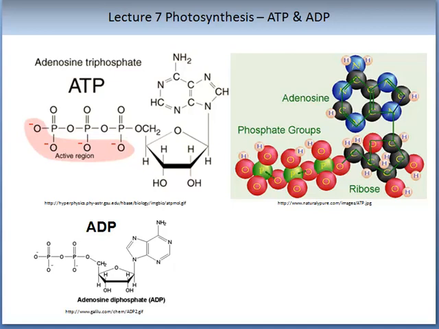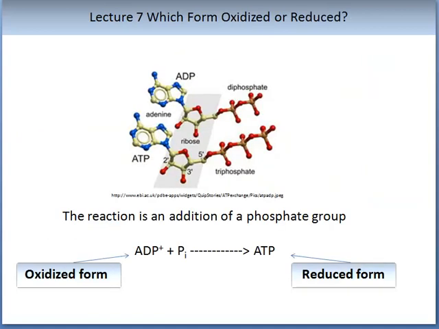This is illustrated below. The image on the screen shows both the molecular construction of adenosine triphosphate, ATP, and adenosine diphosphate. You will notice the commonalities of these molecules. The adenine part, on the left-hand side, is identical.